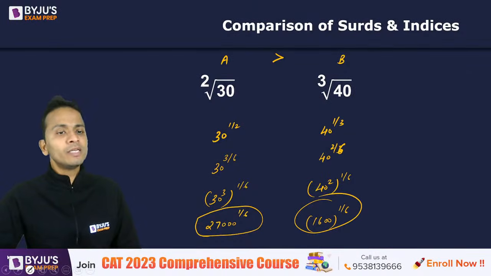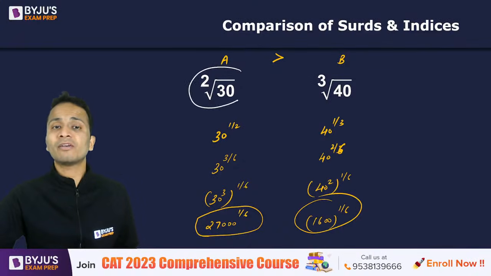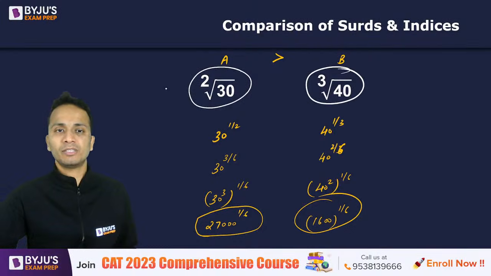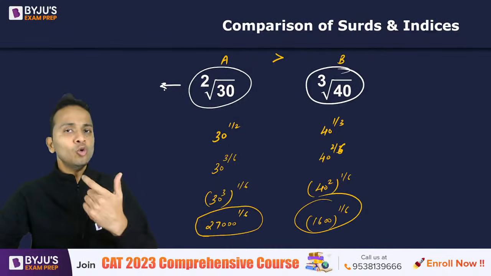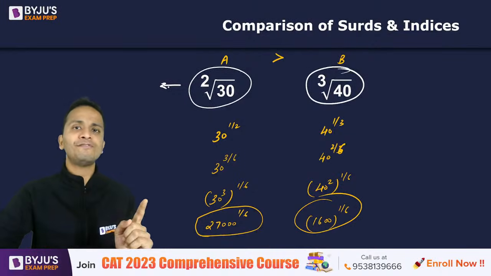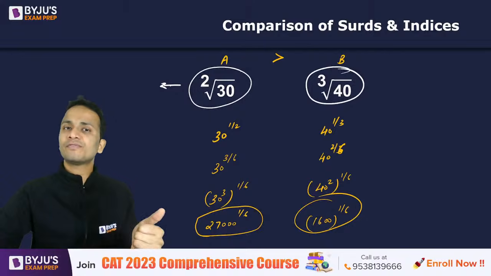Now, this one could have been calculated easily. You could have calculated the approximate values of these numbers. Now, square root of 30. 30 is a number which lies between two perfect squares, 25 and 36. Square root of 25 is 5.